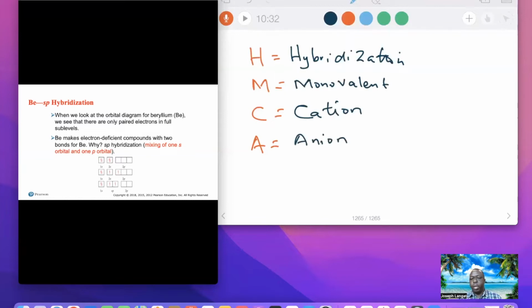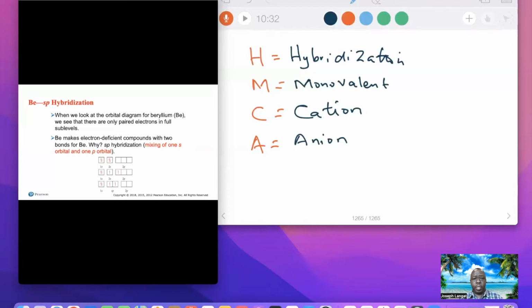I think you should know what is meant by cation right now: anything with a positive charge. And when we refer to anion, a negative charge. I'll demonstrate this and come back to hybridization. The first two are probably what you need to know.